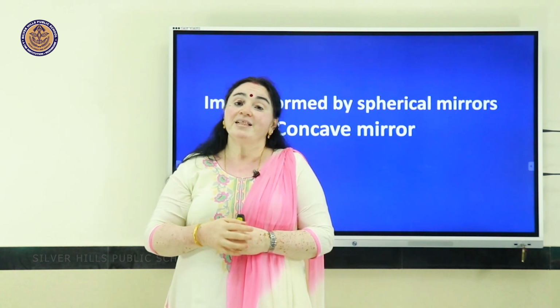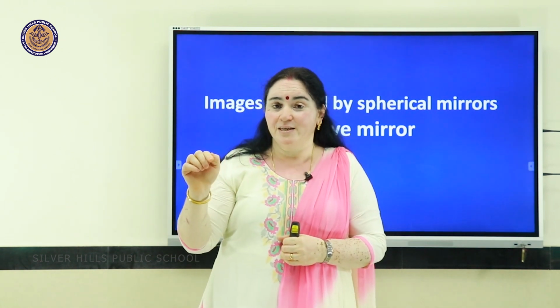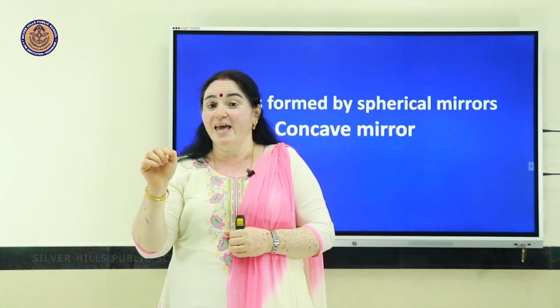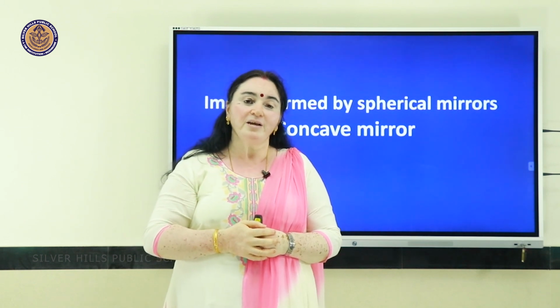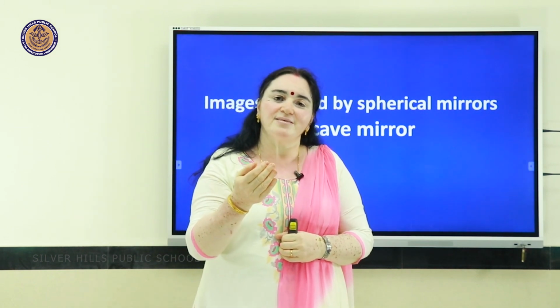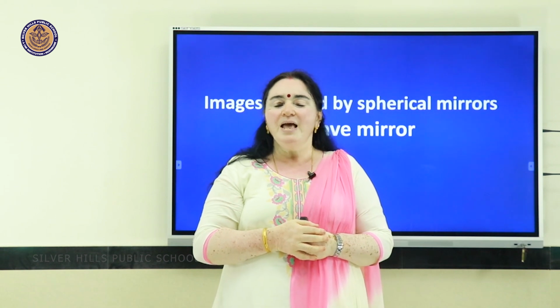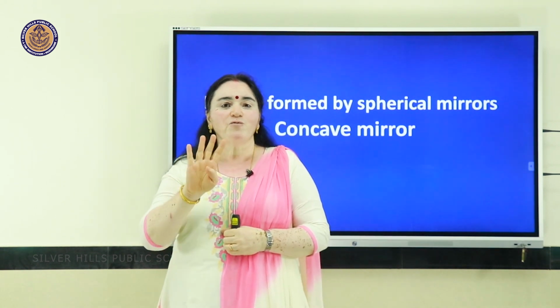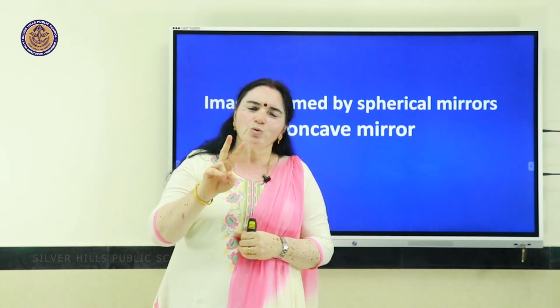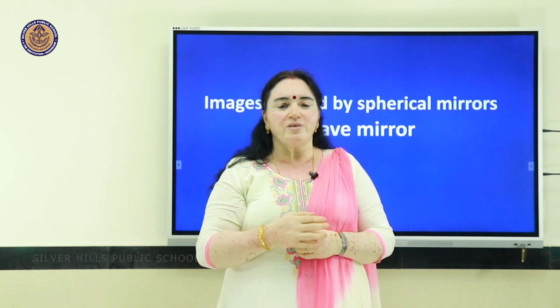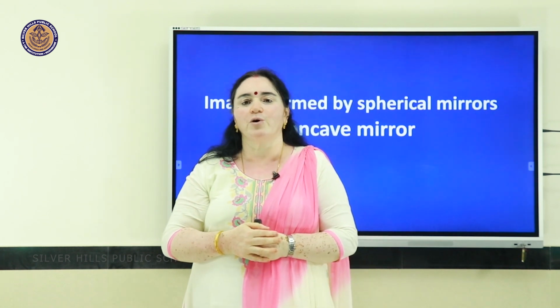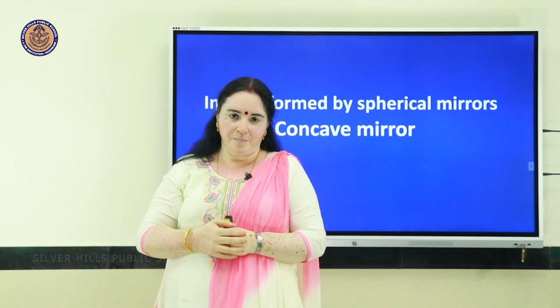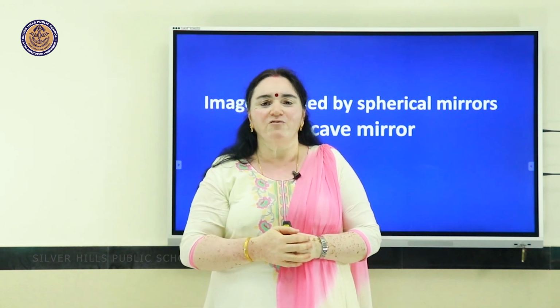A ray of light that travels obliquely towards the pole of a concave mirror, after reflection makes the same angle with the principal axis. So knowing these 4 rules, any 2 rules are enough for you to draw the ray diagrams for a concave mirror. We can start off with the concave mirror.